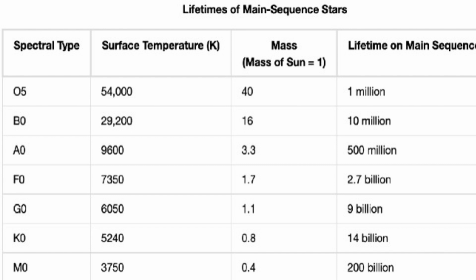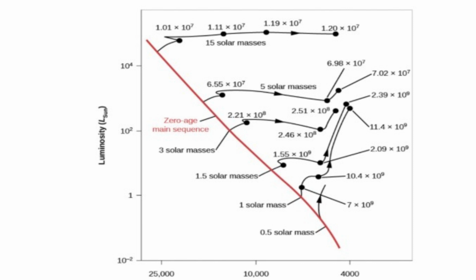And then we're going to be doing the chart about the time to become the red giant or the supergiant. You can see that in my chart, I've drawn many lines.